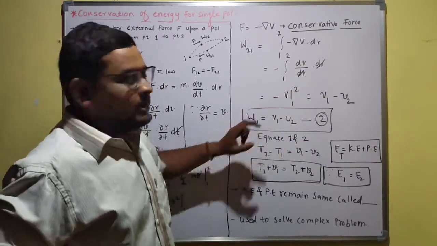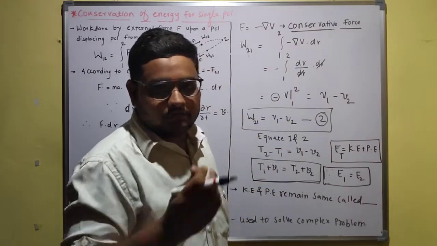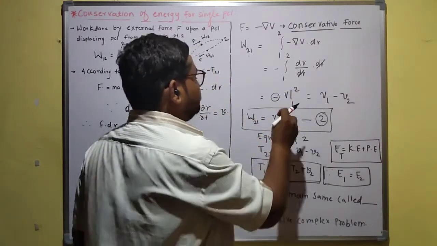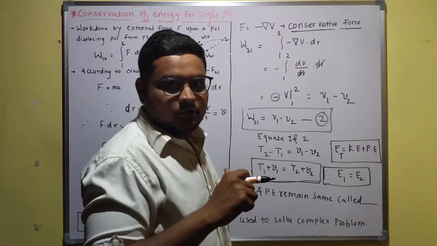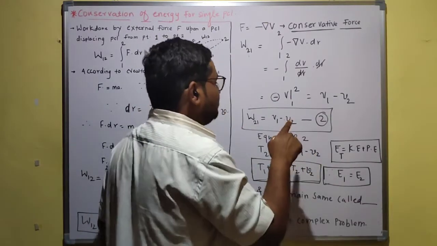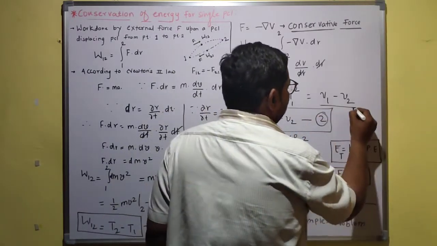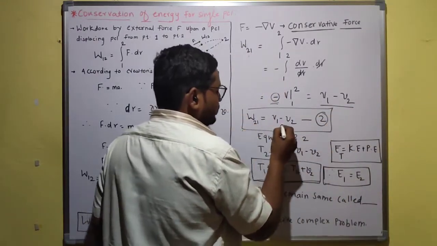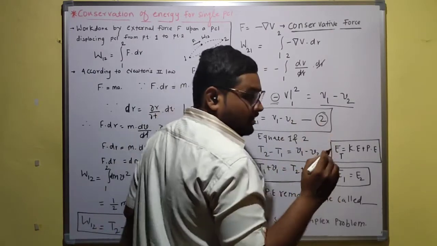Here the minus sign is outside. For neglecting this minus sign, we know the limiting condition is upper limit minus lower limit; just reverse it, lower limit minus upper limit. We will neglect this minus sign, so we get V1 minus V2, and we get our potential energy V1 minus V2. This is our equation number 2.